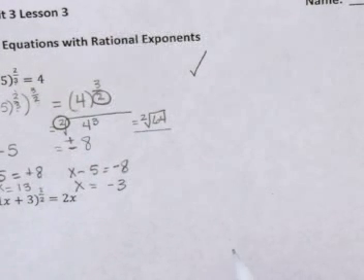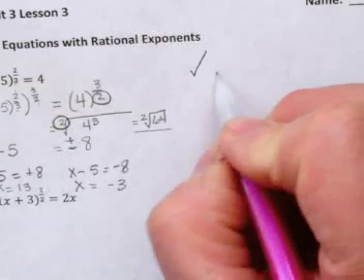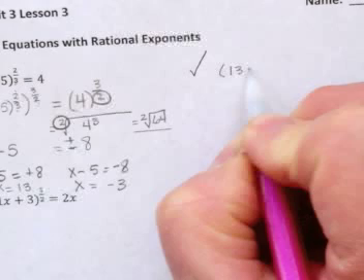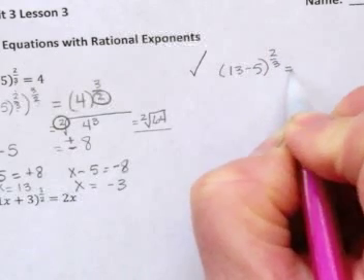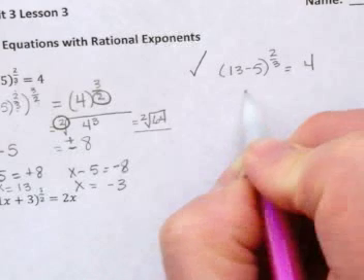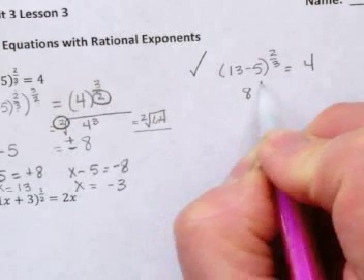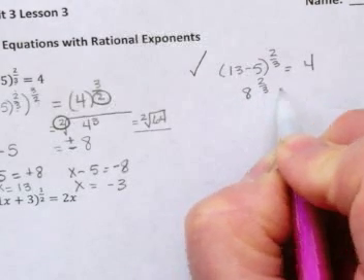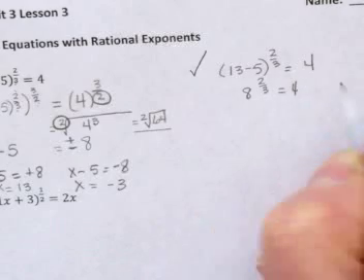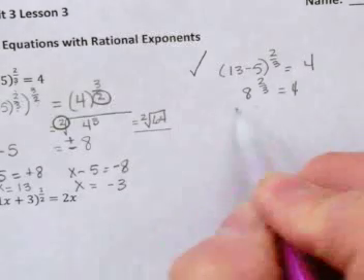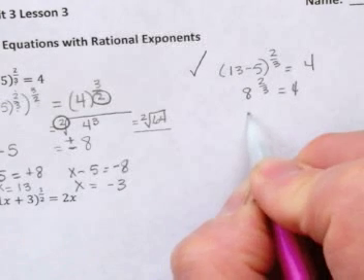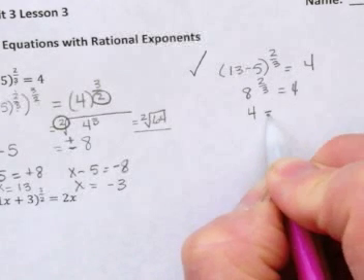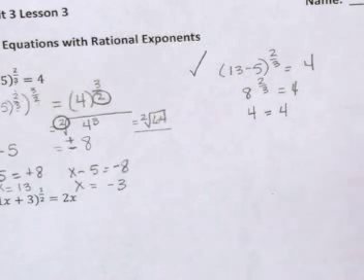So I'm going to go back and first check my 13. 13 minus 5 to the 2/3 power is equal to 4. So this gives me 8 to the 2/3 power equals 4. And I put that in my calculator, 8, and I raise it to the 2/3 power, and I get 4 equals 4.